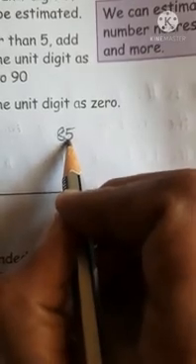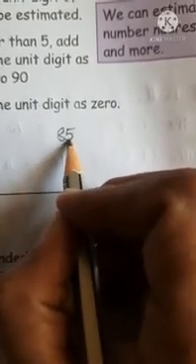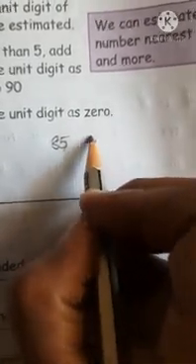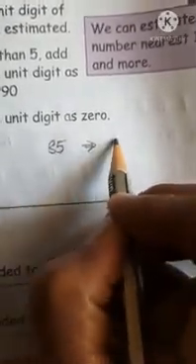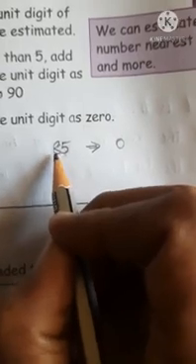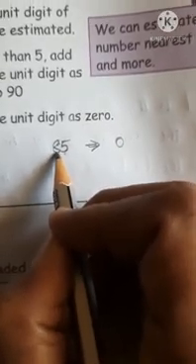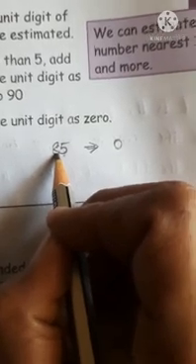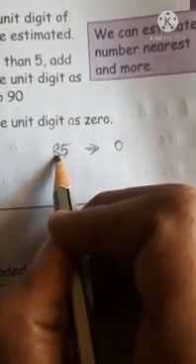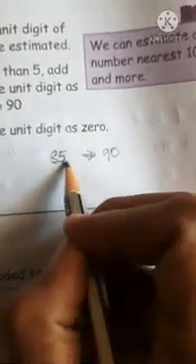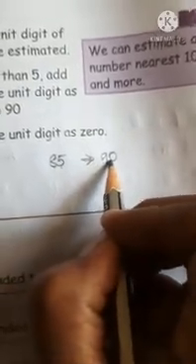If this ones number is equal to 5 or greater than 5, just in the ones place we have to put 0, and we have to add 1 to the previous number. So here previous number is 8. We have to add 1 with this 8. So 8 plus 1, 9. So 85 is rounded up to 90.